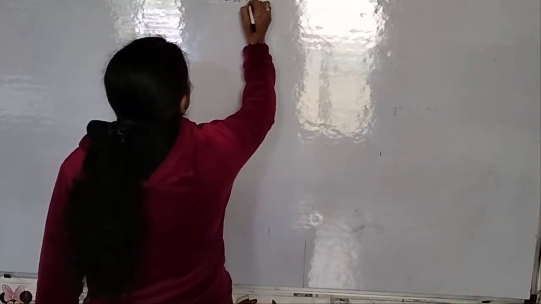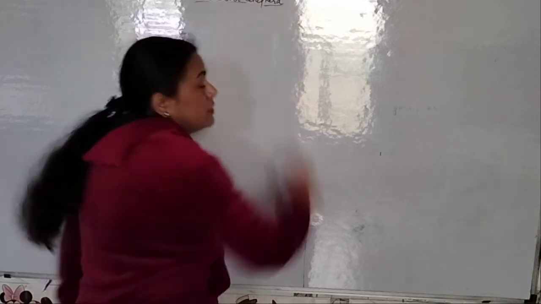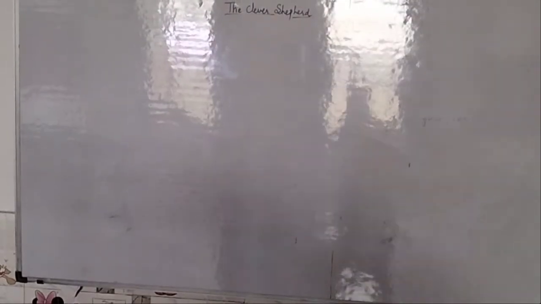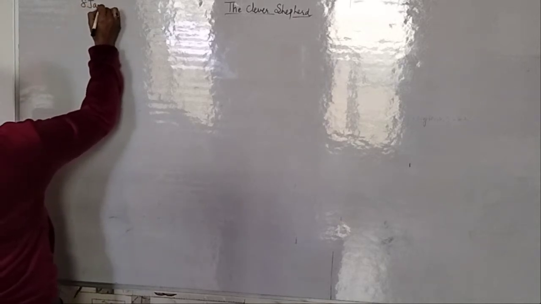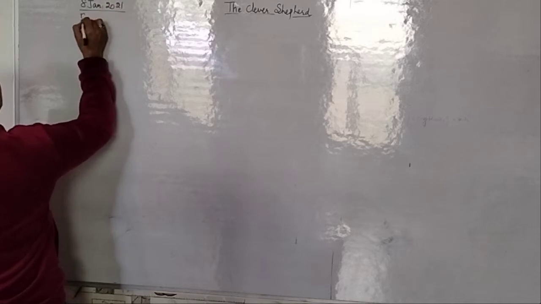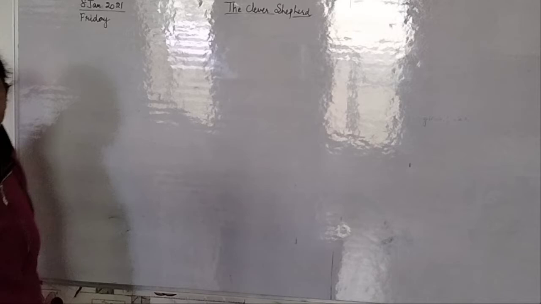The Clever Shepherd. Is it visible here? No, it's not visible. So what should I do? Like this. So this is The Clever Shepherd and the date is 8th Jan 2021 and it is Friday.